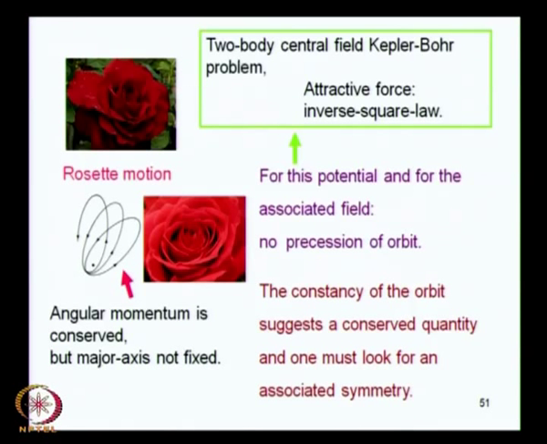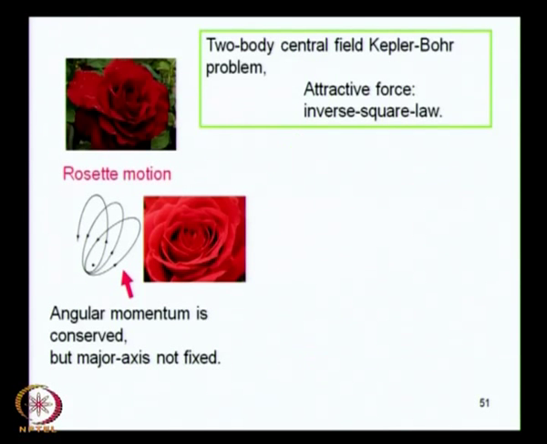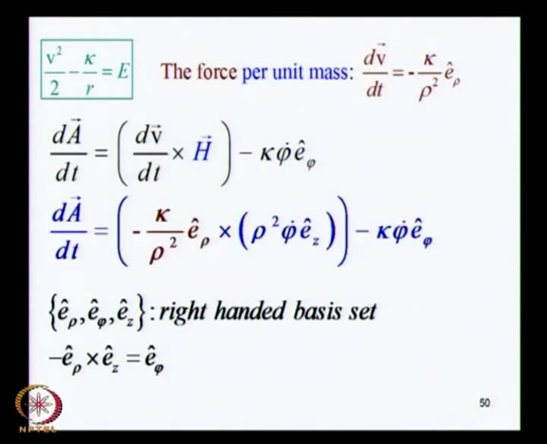Now, for this potential and the associated orbit, we can find that the orbit remains fixed, and the fact that the force is 1 over r square was an integral factor in the proof on our previous slide.